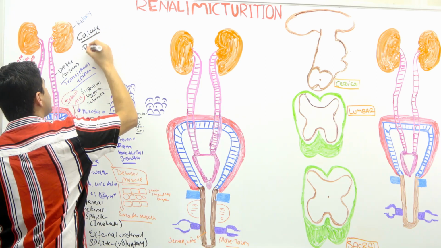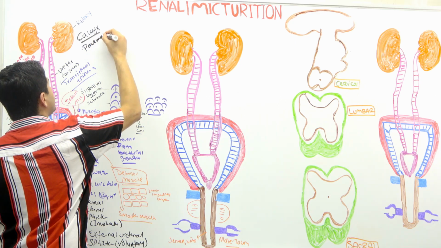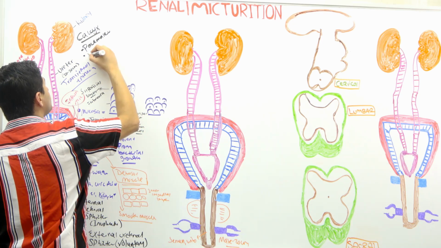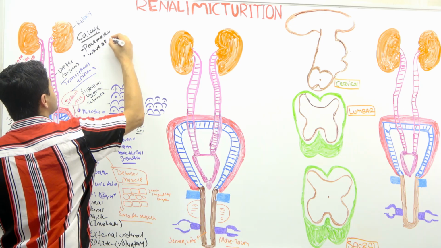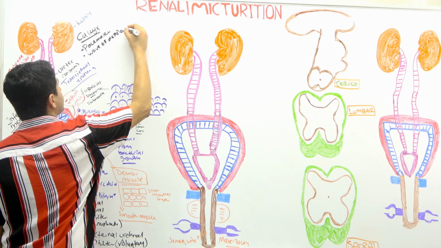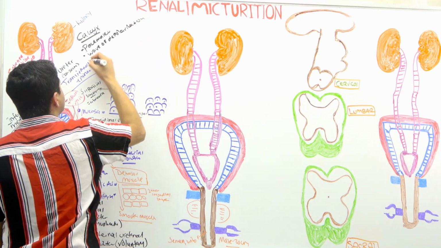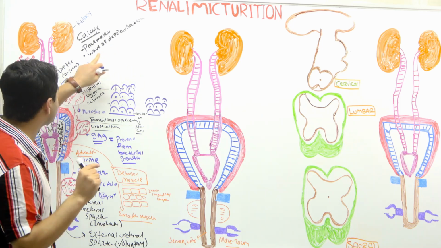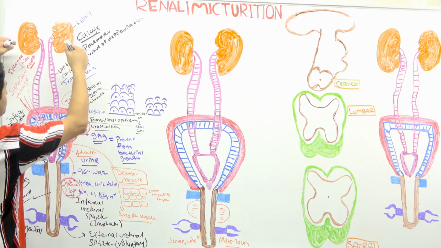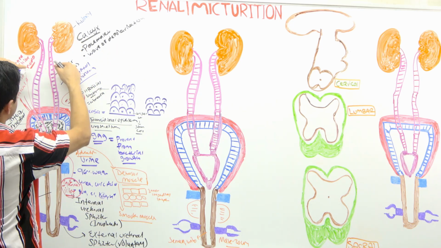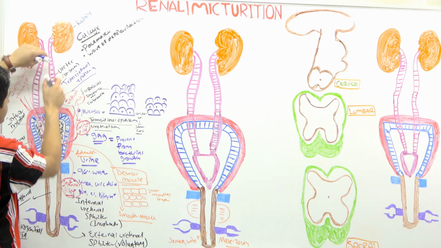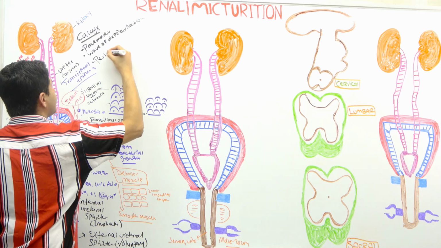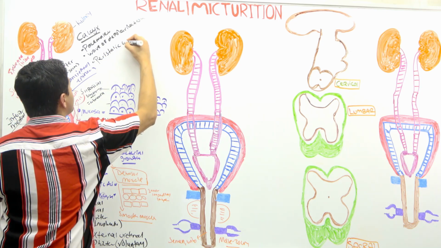So what do they have? They have the pacemaker properties. What it does is it induces a wave of depolarization. Whenever it has pacemaker activity and it causes a wave of depolarization, what is going to happen is that it causes this ureter to go through something called a peristaltic contractile wave.